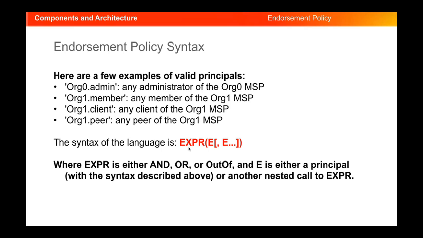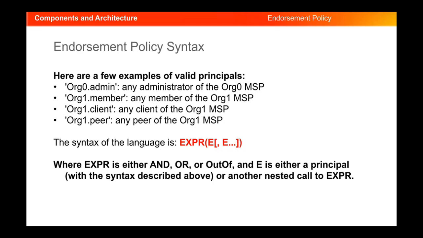So as you can see, you have this expression. The expression takes the value either AND, OR, or OutOf, and E is either a principal, and you can nest those inside.